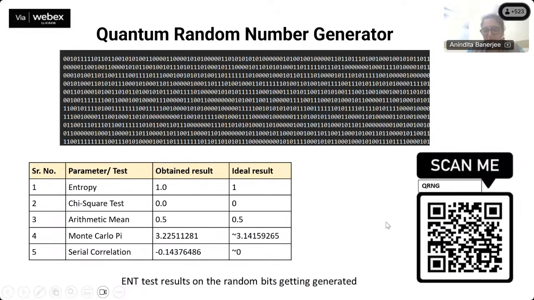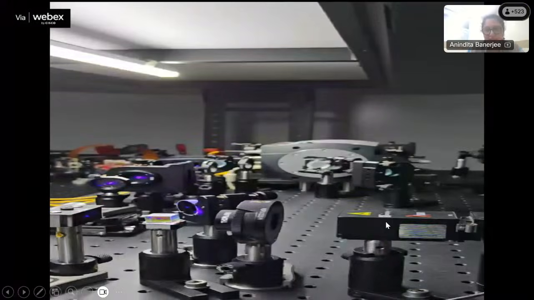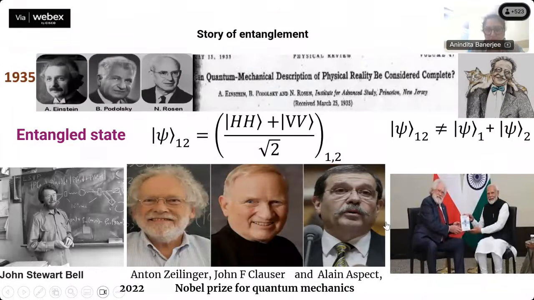Now, let me tell you how to generate random numbers from this entanglement. Suppose we designate the measurement outcome HH as logic 0 and VV as logic 1. On subsequent measurements, you will get 0 1 1 0.